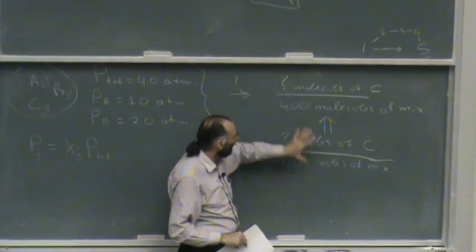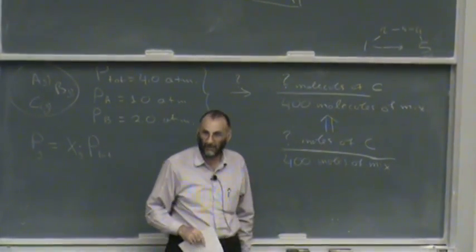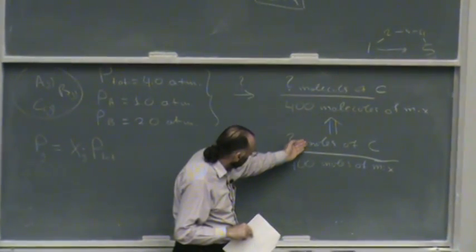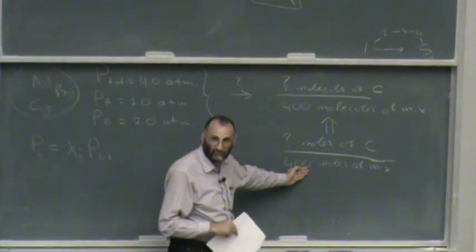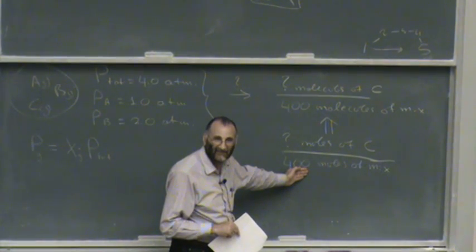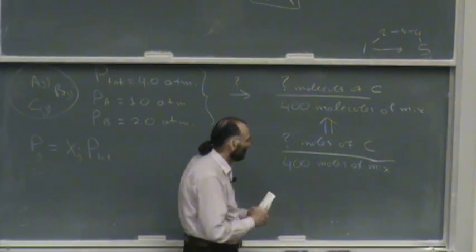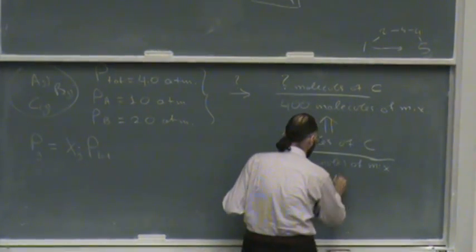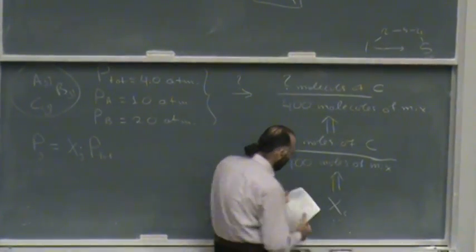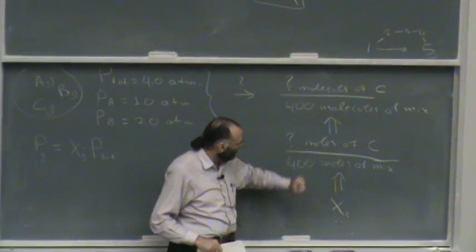If I want to find this, I just need to find that, right? So if I want to find this ratio of moles of a gas divided by the moles of mixture, what does it tell me? That's a mole fraction, isn't it? That smells like mole fraction. So I need to find the mole fraction of what? C. If I find the mole fraction of C, then I can find that.